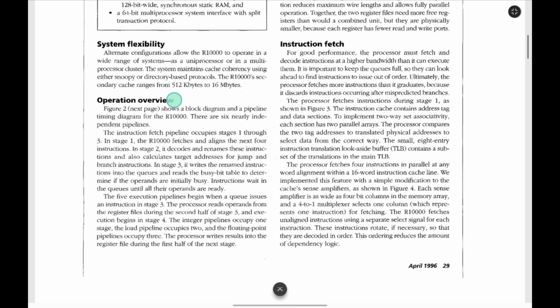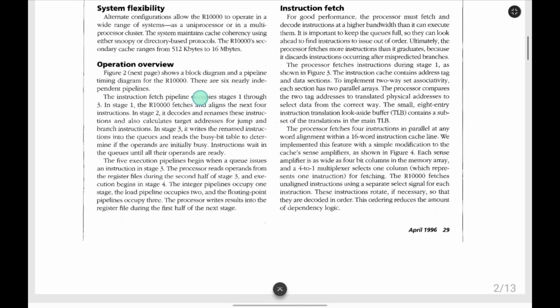Operation overview. Figure 2, on the next page, shows a block diagram and pipeline timing diagram for the R10000. There are six nearly independent pipelines. The instruction fetch pipeline occupies stages 1 through 3. In stage 1, the R10000 fetches and aligns the next four instructions.